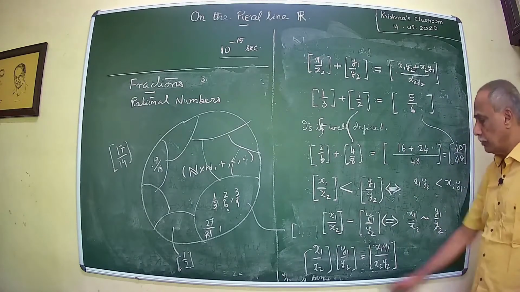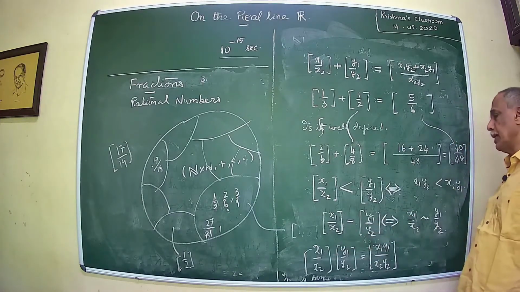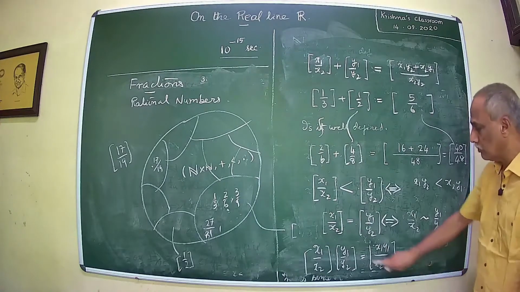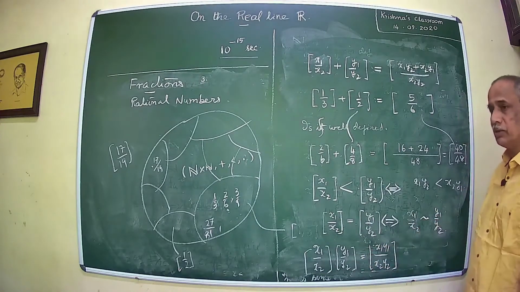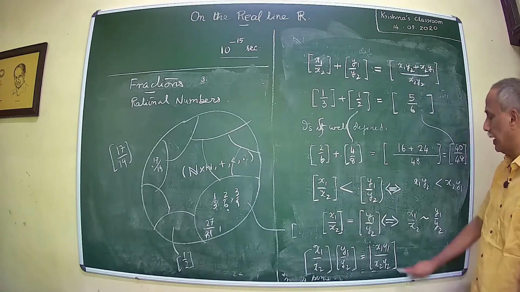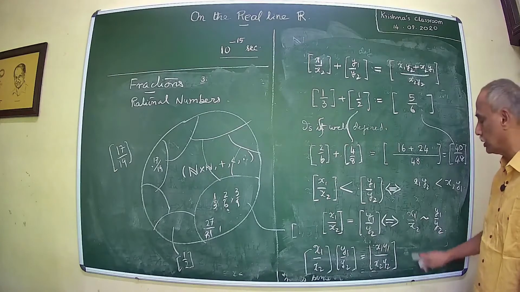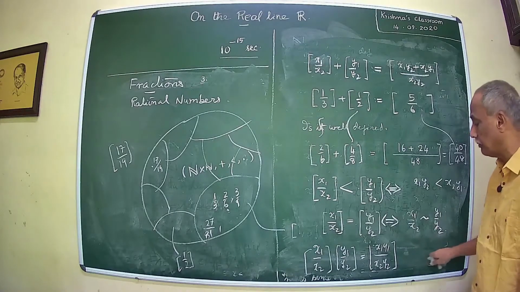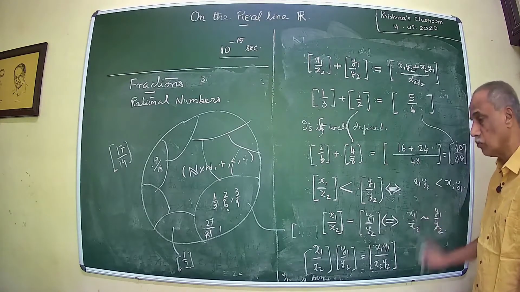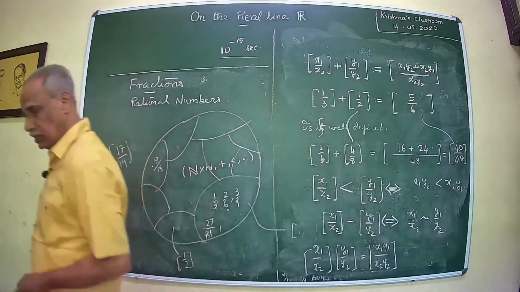For instance, if x1 by x2 is equivalent to x1 prime by x2 prime, and y1 by y2 is equivalent to y1 prime by y2 prime, then x1 y1 divided by x2 y2 is equivalent to x1 prime y1 prime divided by x2 prime y2 prime. That's what you have about the rational numbers.